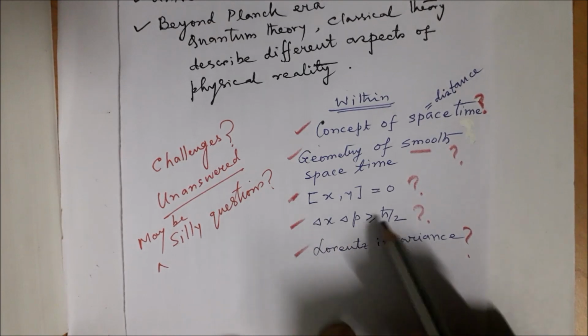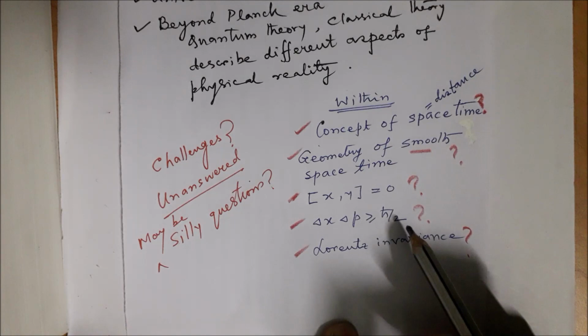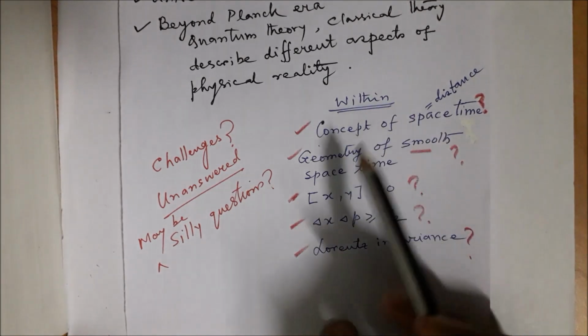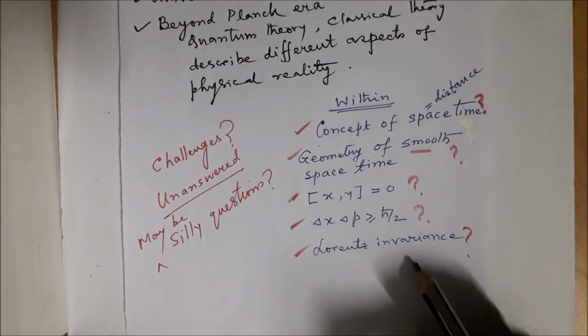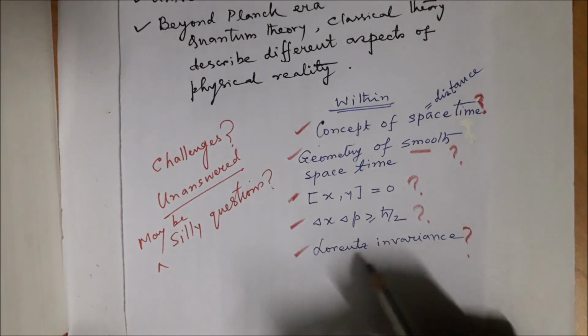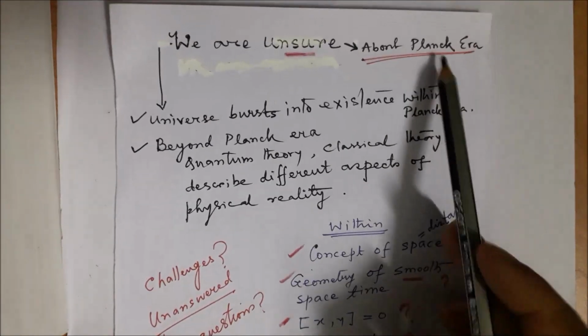Heisenberg uncertainty principle, which we have used widely here, may suffer a change within Planck era. Lorentz invariance, which we know is true and is a consequence of special theory of relativity, might also get modified in the Planck era.